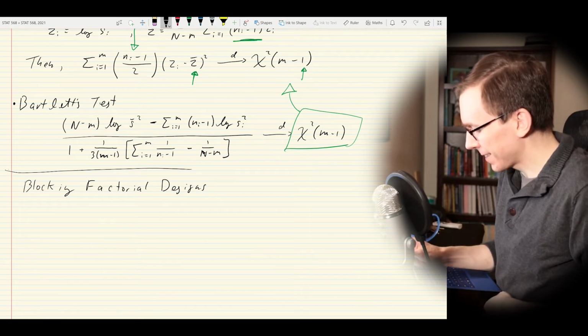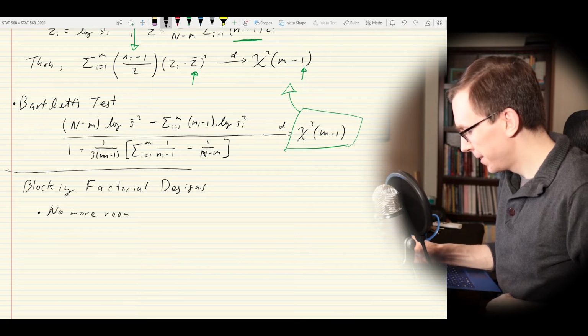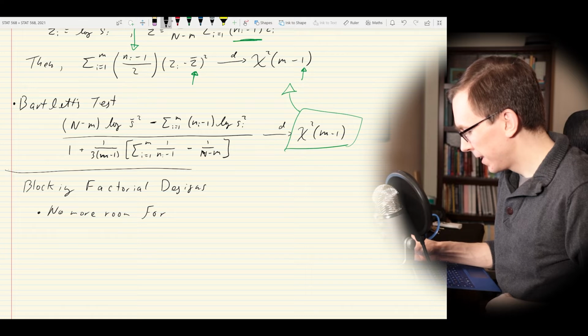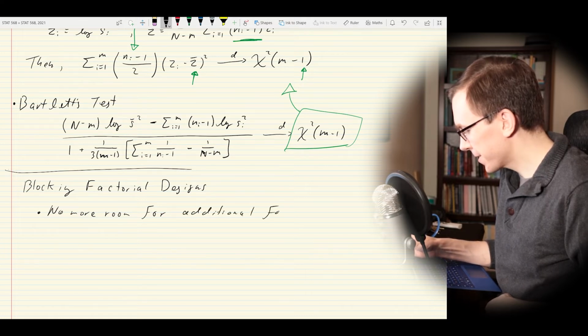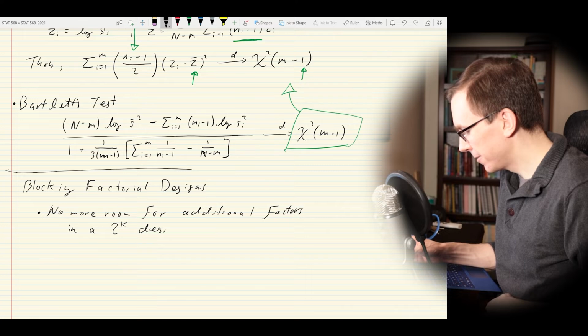So basically, there is no more room for additional factors in a 2 to the k design.